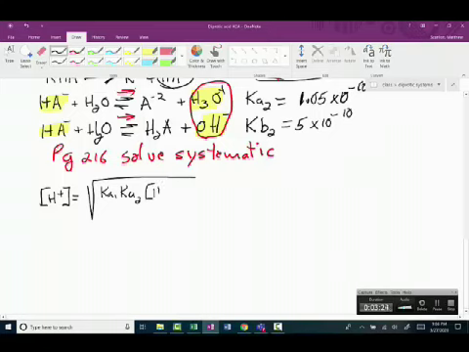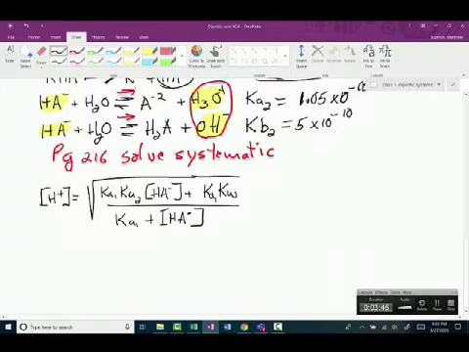Times the concentration of HA minus, plus K1 times Kw, divided by Ka1. This should be Ka1 up here. I'm going to drop the A's on them, plus the concentration of HA minus. Now, this is complicated. Number one, we don't know what this is.